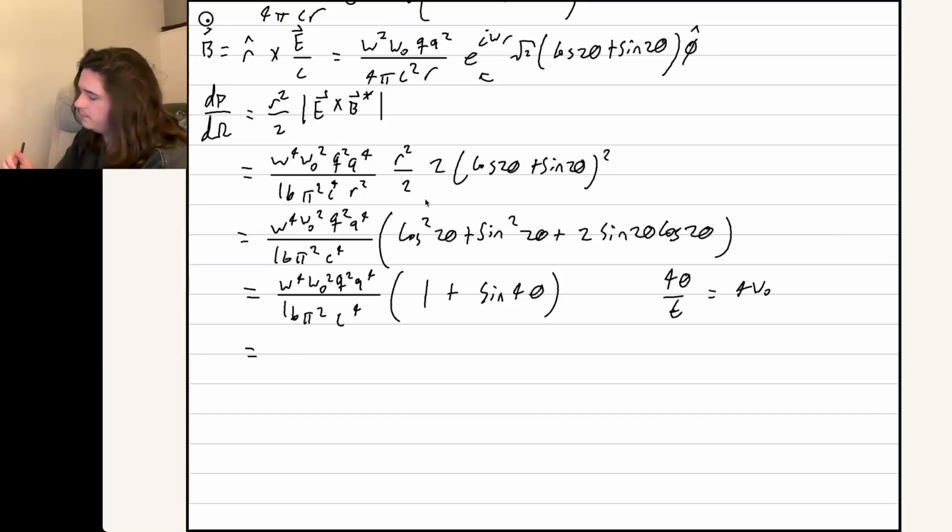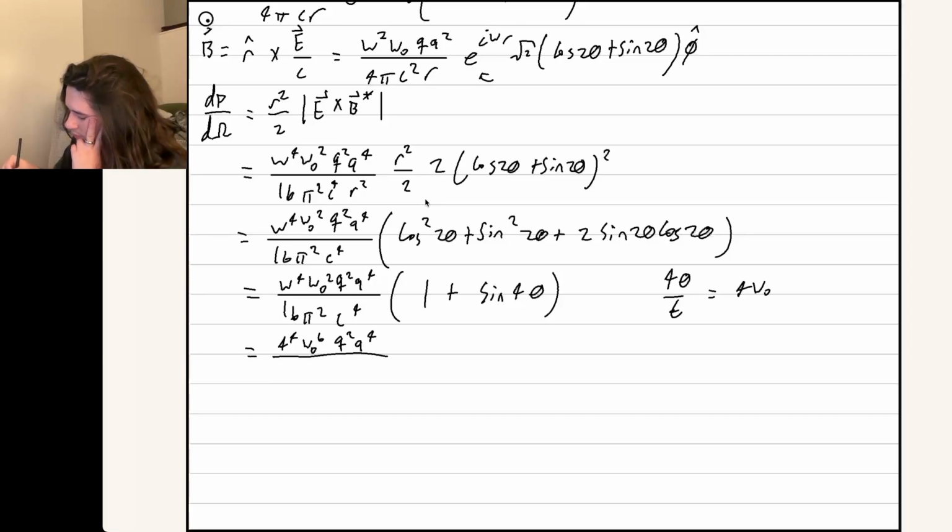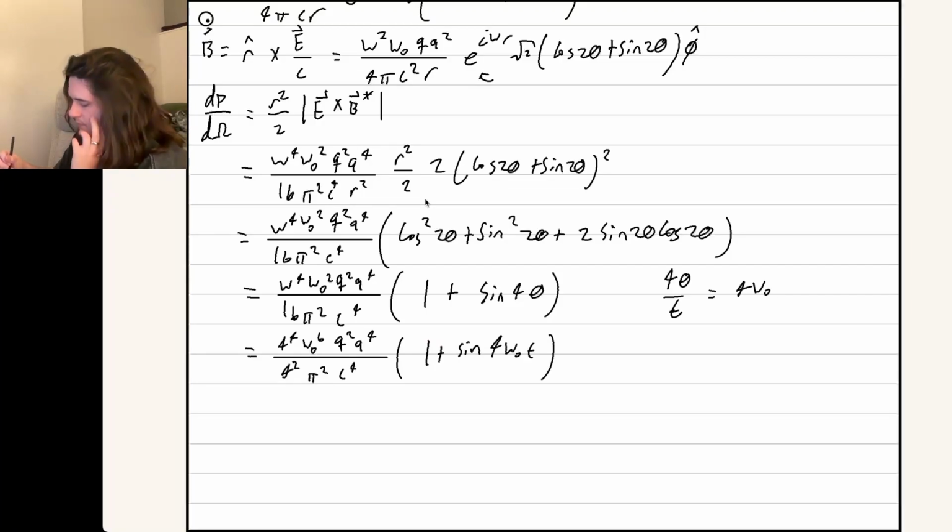Okay, and then omega is equal to 4 omega naught. So you'll have 4 to the 4th omega naught 6th q squared a 4th over, this is 4 squared down here, so pi squared c 4th, and that's 1 plus sine 4 omega naught t.